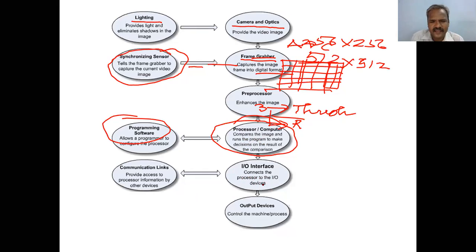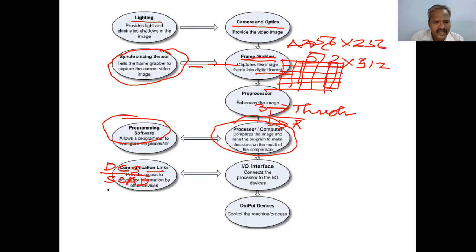After processing in the computer, it is passed through the I/O interface, which connects the processor to I/O devices such as motors, solenoid valves, or any other output interface, through various communication links. These communication links provide access to other devices. Nowadays there are also DCS and SCADA: supervisory control and data acquisition system, and the distributed control system, also called the decentralized control system.